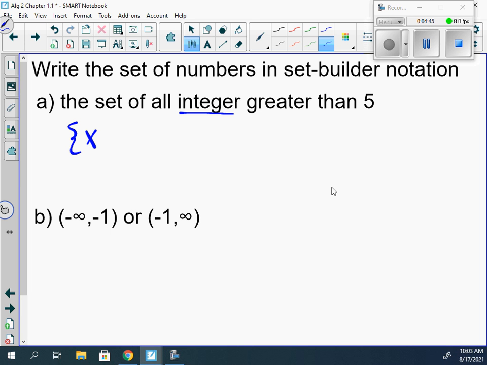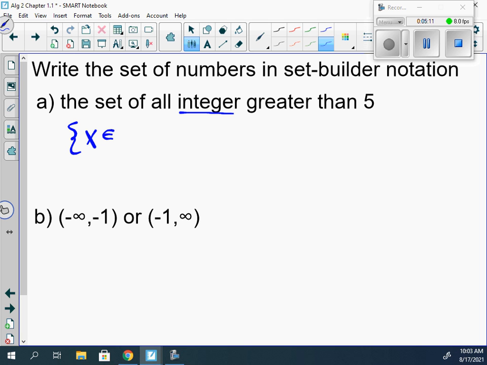Most likely, the book is going to tell us x is an integer. It's literally going to write it out. I don't like that. Not because it's technically wrong, it's right, but the mathematician in me doesn't like it, because I don't want to have to write out x is an integer. Way too many words.